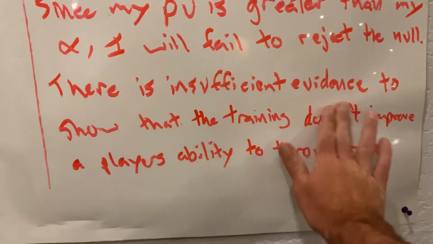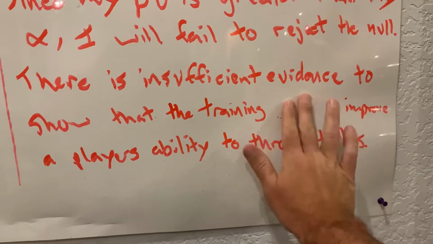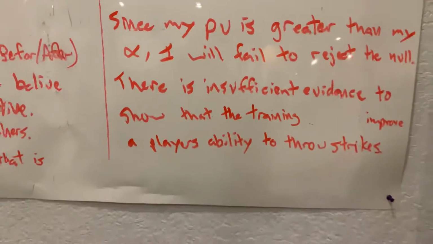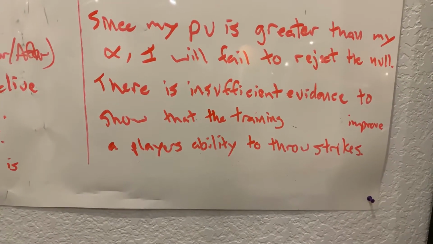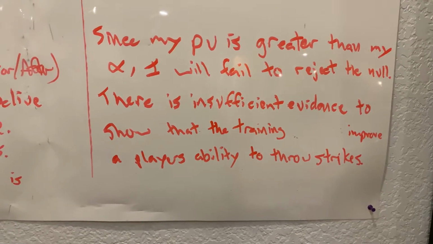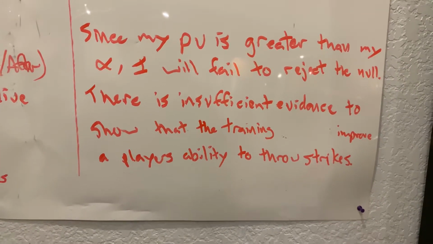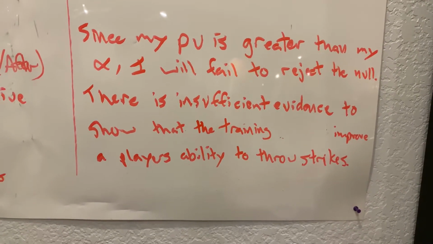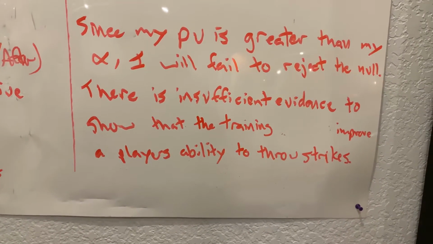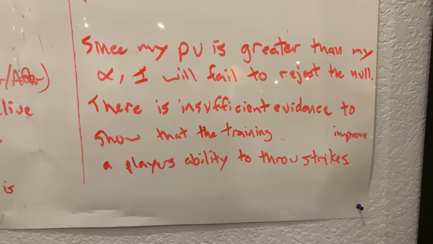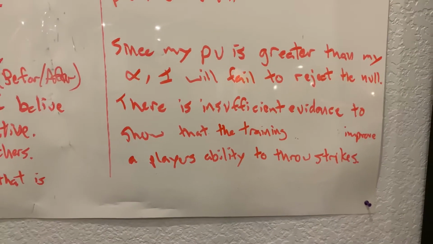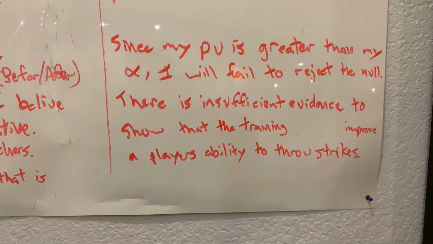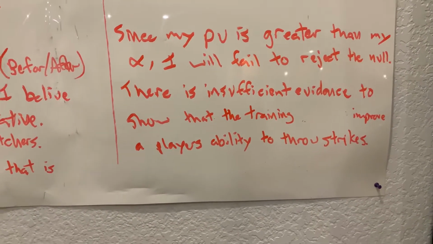I'm just gonna get rid of that, I don't know why I wrote that, sorry. It's the quarantine, it's really getting to me. So there's insufficient evidence to show that the training program improves a player's ability to throw strikes. So sorry, it doesn't necessarily work, statistically speaking anyway.